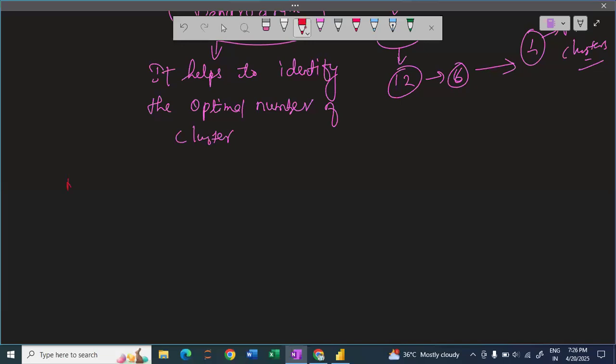Note, in k-means we have the elbow method, and here we have the dendrogram. First we create a dendrogram, then we identify what is the optimal number of clusters.